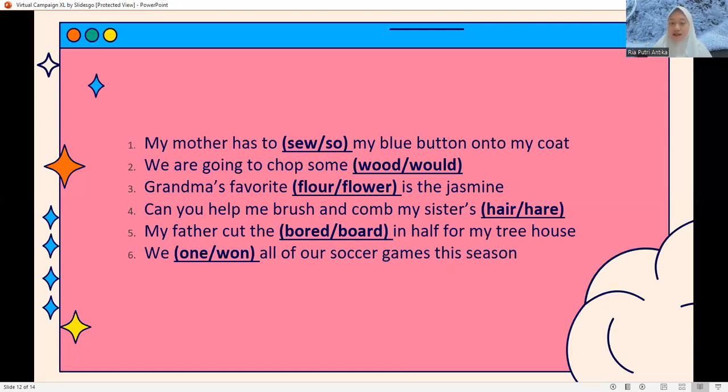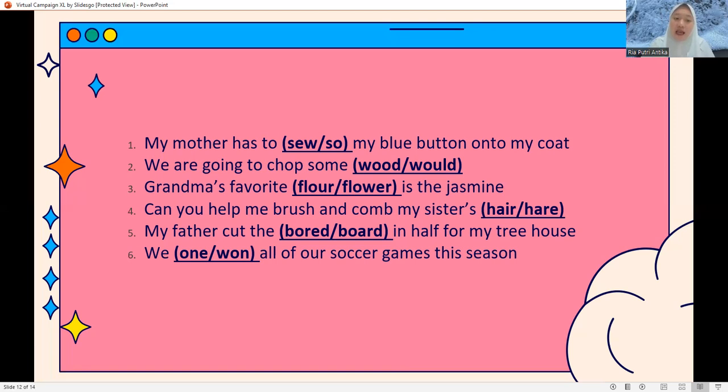And second is, we are going to chop some wood on our wood. 3, 2, 1. Okay. The correct answer is A, wood. Wood is kayu, but the other wood is akan. We are going to chop some wood, not would.